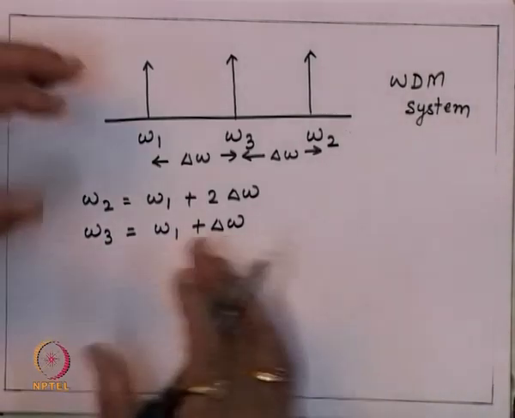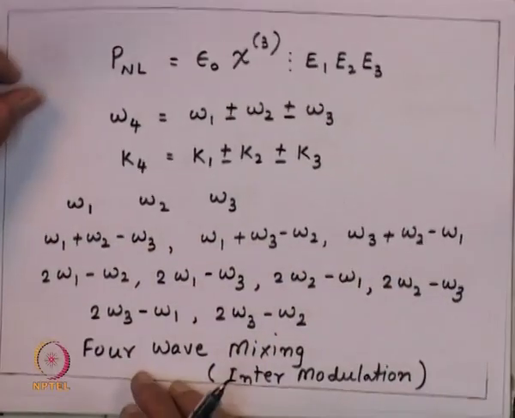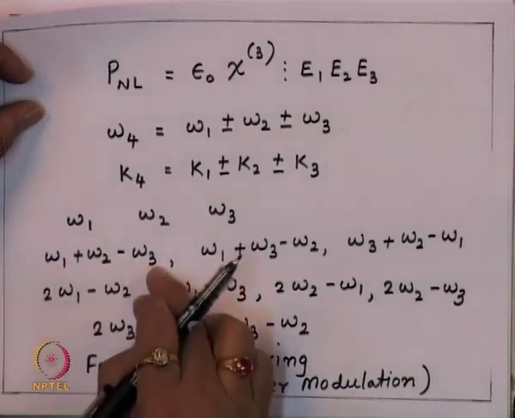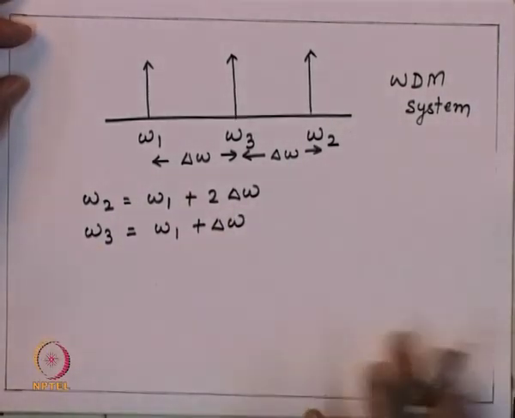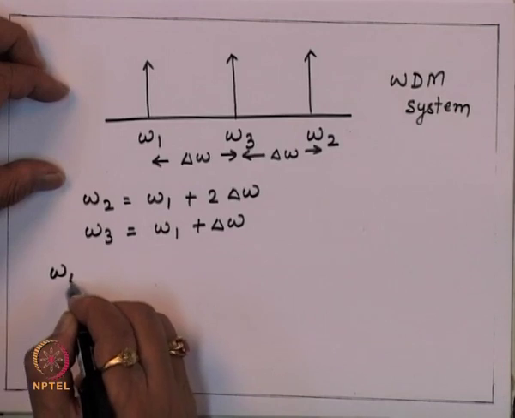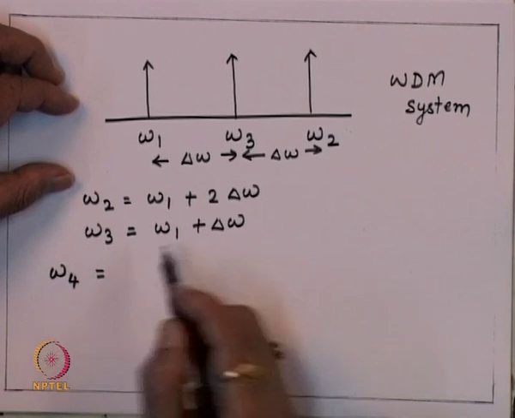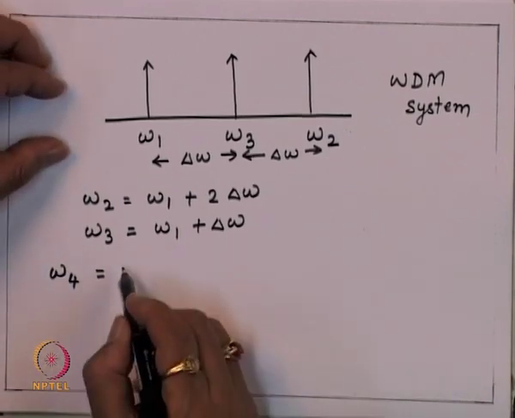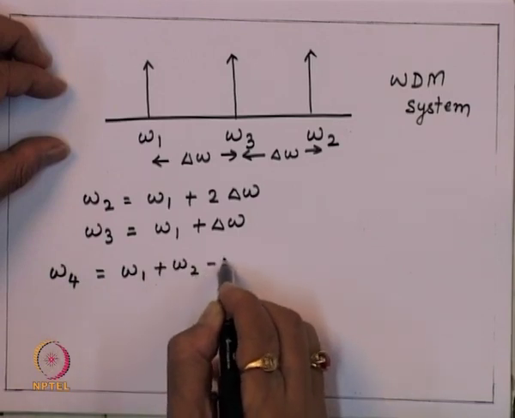And as we have seen earlier, the frequencies which are going to be produced will be combinations like this, omega 1 plus omega 2 minus omega 3 and so on. One can now look at what kind of frequencies can be generated by these. So, I will get the 4th frequency omega 4, which is omega 1 plus omega 2 minus omega 3.